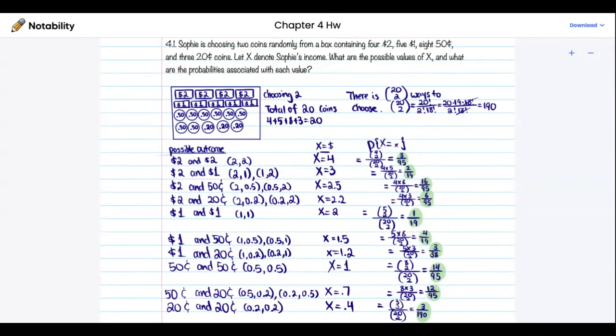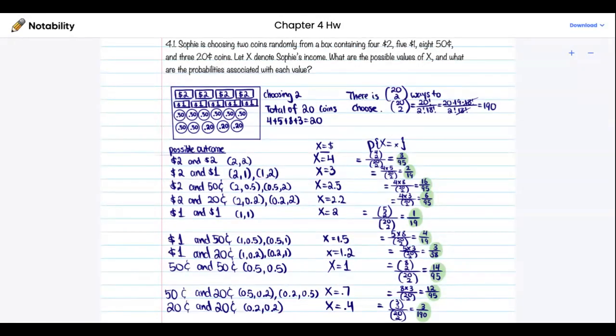There are a total of 20 coins, and we choose 2 randomly, so there are 20 choose 2 ways, which is 190 ways.